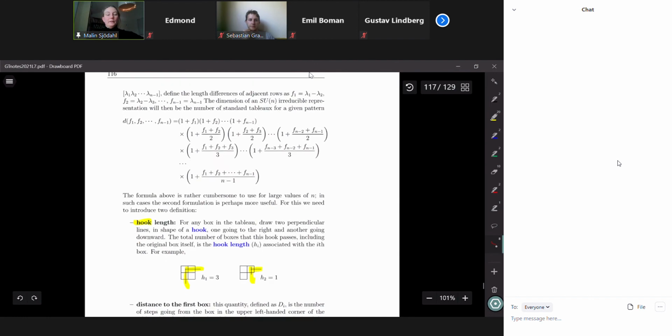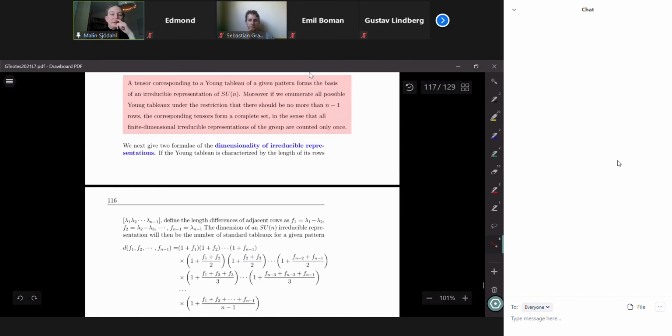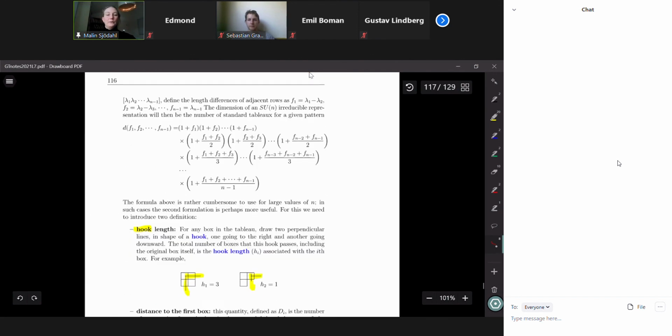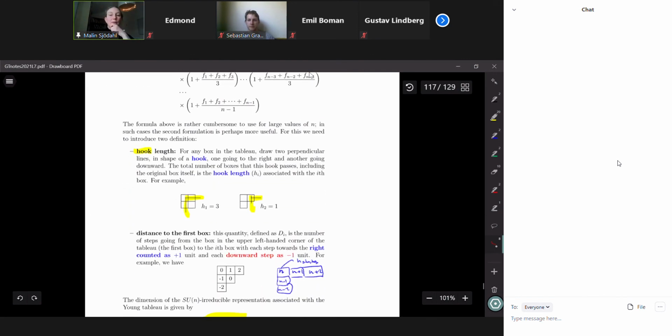First, I should point out that given a Young tableau, one can calculate the dimension of the representation. This is a case where the proof is complicated, so I just state the result. The dimension of the representation, assuming that we have n different states, is given by a numerator divided by a denominator.